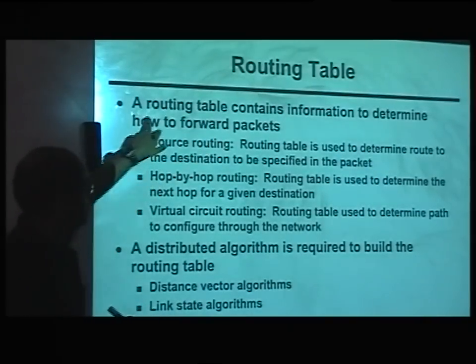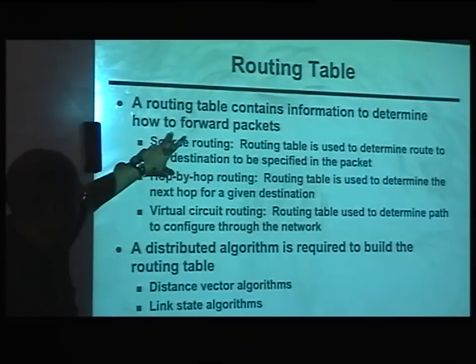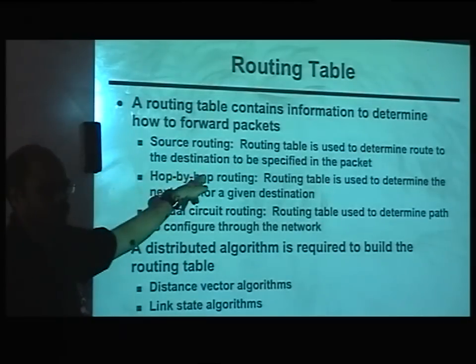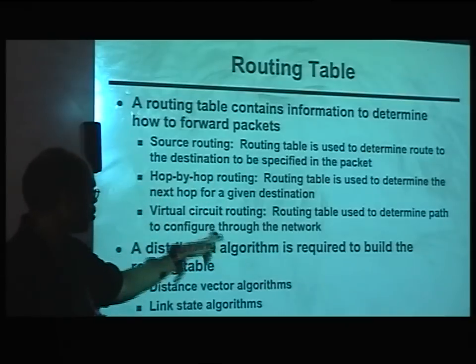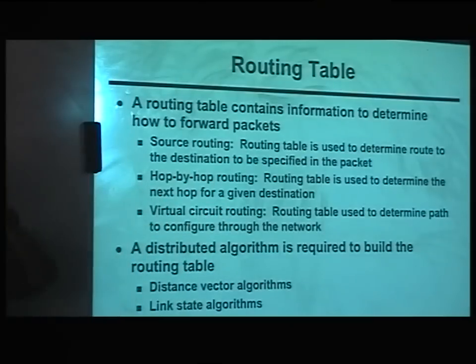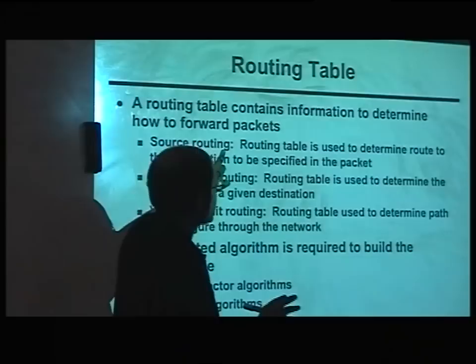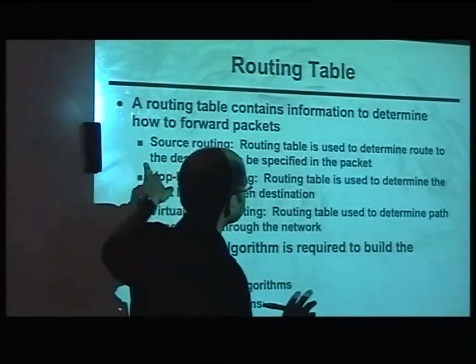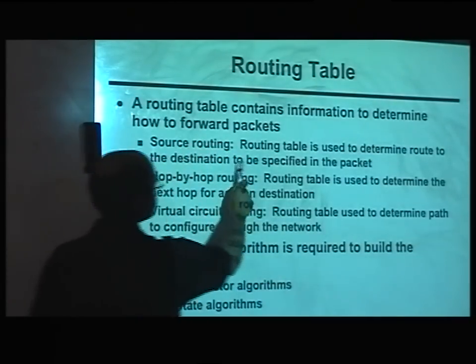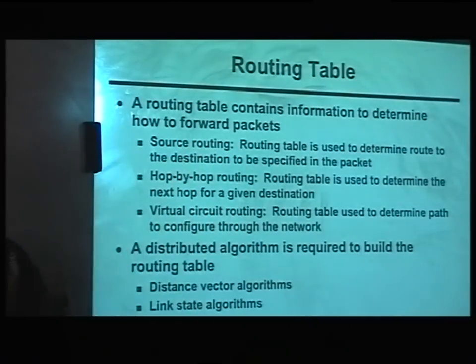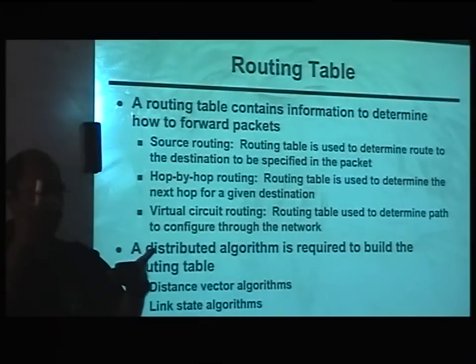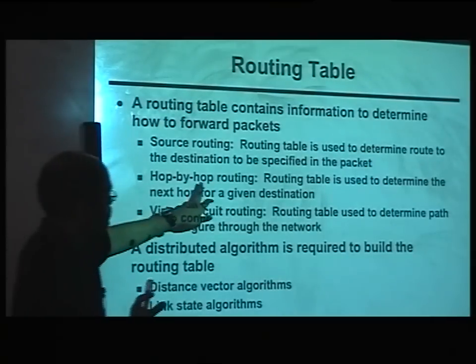Now the table. Depending upon which routing you are using, source, hop by hop or virtual circuit, the routing table will change. Your routing table will be different. For source routing, the route to the destination has to be specified in the whole packet. So you go to the routing table, you find out all the next hops, 1, 2, 3, 4, all the way to the destination. You take that and you put it in the packet.